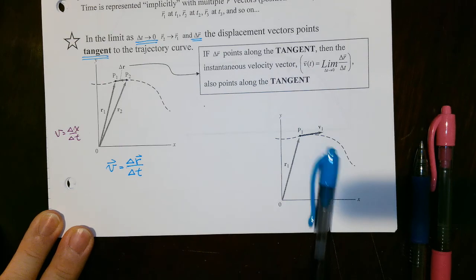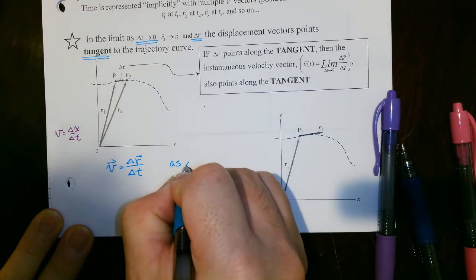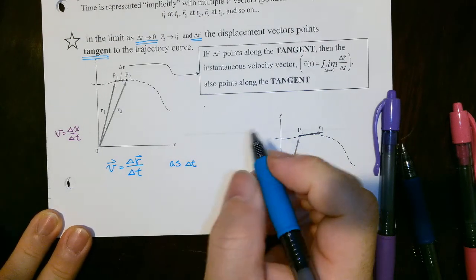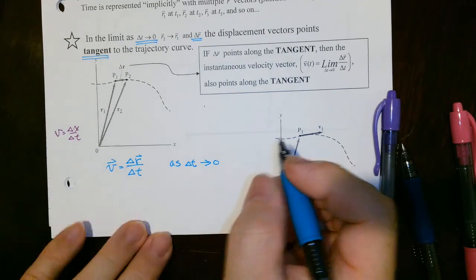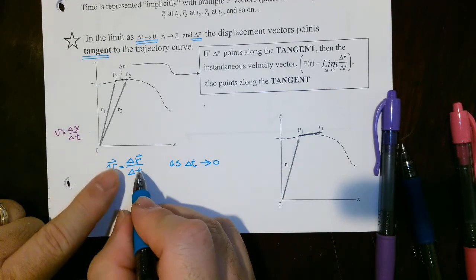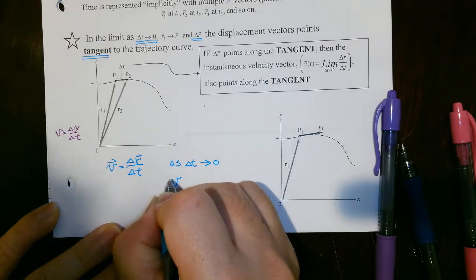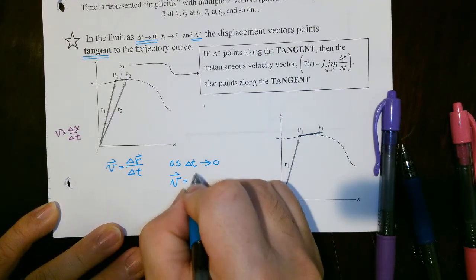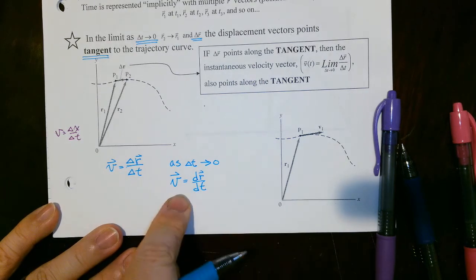As delta t approaches 0, instead of being an average velocity, it becomes an instantaneous velocity at that time t.